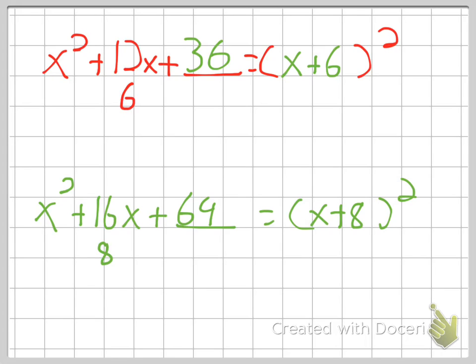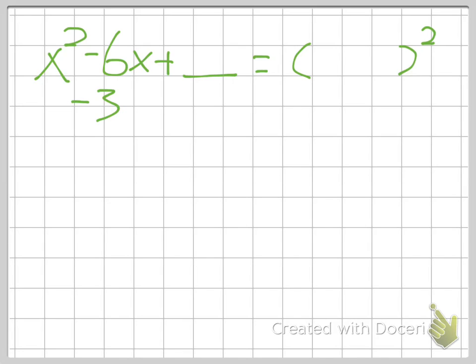Now, the geometric argument is slightly different if the coefficient of the linear term is negative. However, the same process works. So since we're so comfortable with the process, let's just do it that way. So for example, you'll see the difference because we have a negative over here. So I still take half the coefficient. So this time it's negative 3.